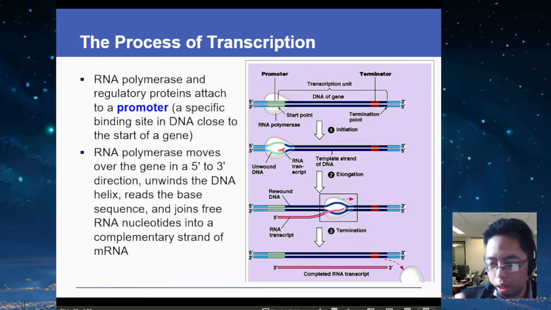It's kind of like that, and the receipt goes all the way out of the cashier machine. So a long RNA will be created, right? RNA polymerase will do that until it reaches the terminator or termination point. At this point, RNA polymerase will say, okay, this is the end, I will stop here. When it stops there, you have the completed RNA transcript.